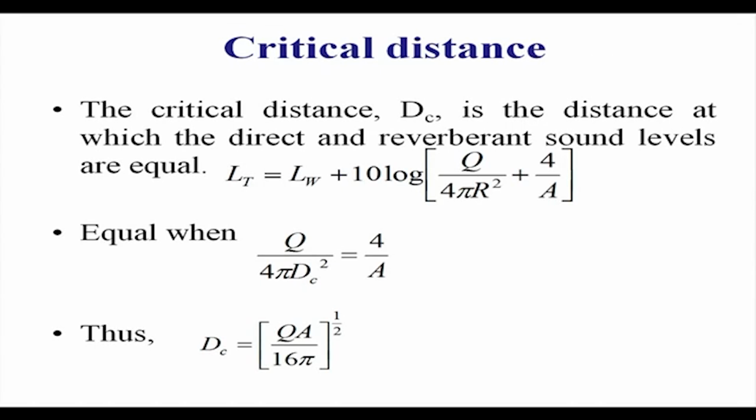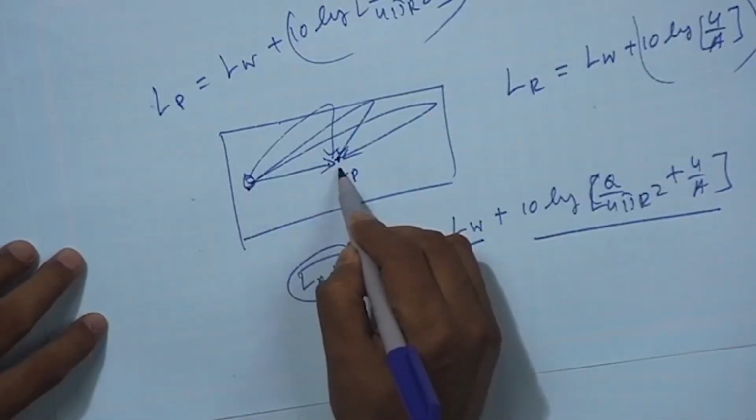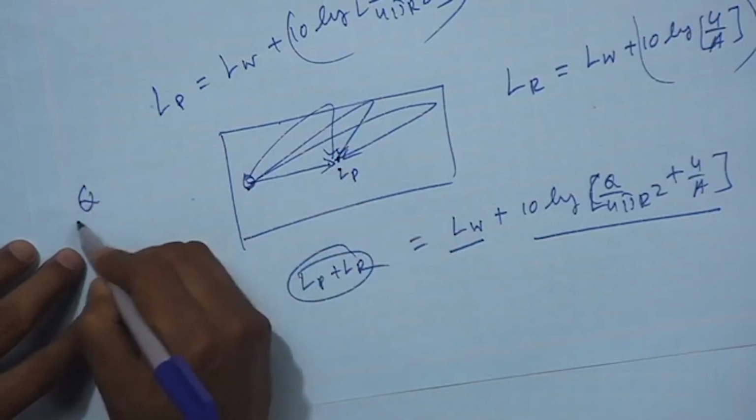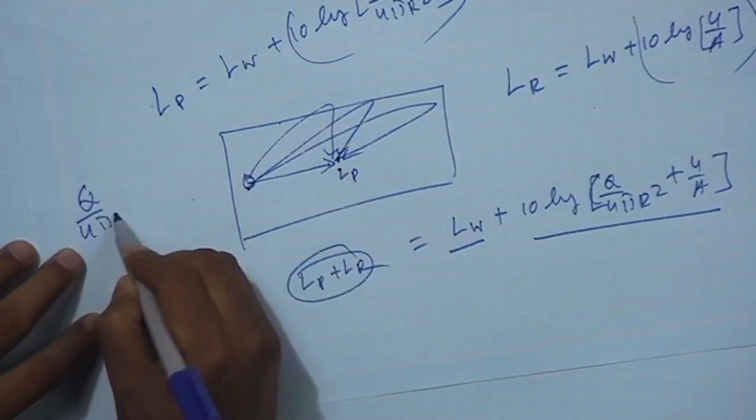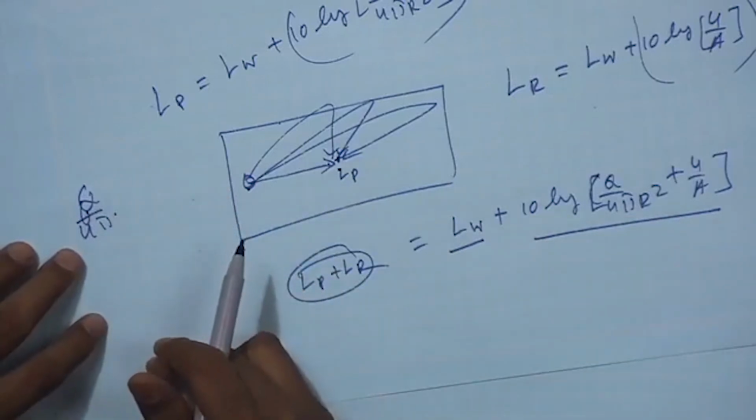Now, let us define a condition: find the distance from the source where the direct power, which is Q by 4 pi R square, and the reverberant power are equal. So, when will it be equal?